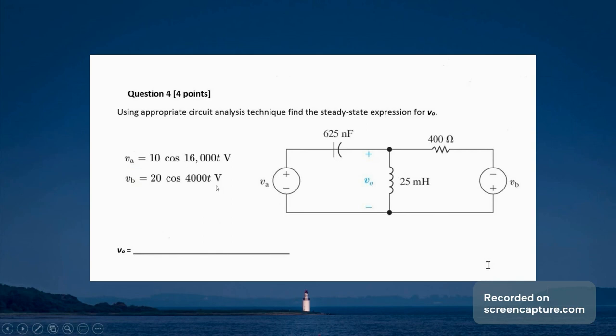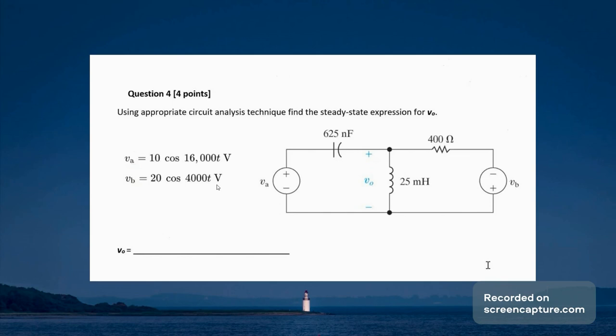So multiplying that by your ratio of Zx to Z equivalent will give you 6.32 angle 71.57 volts. Expressing that in your cosine form will give you 6.32 cosine 4000 t plus 71.6 degrees.